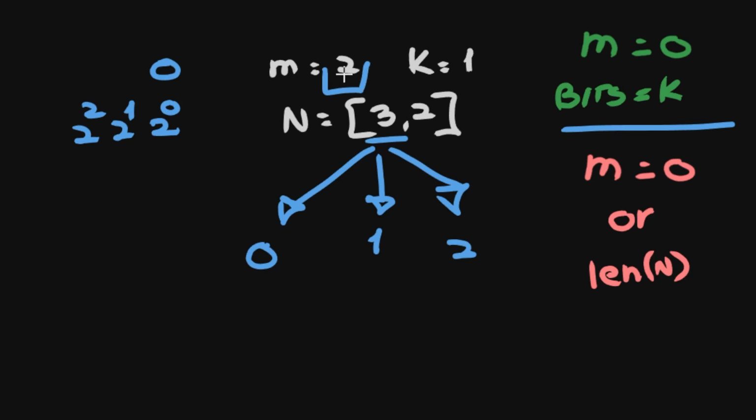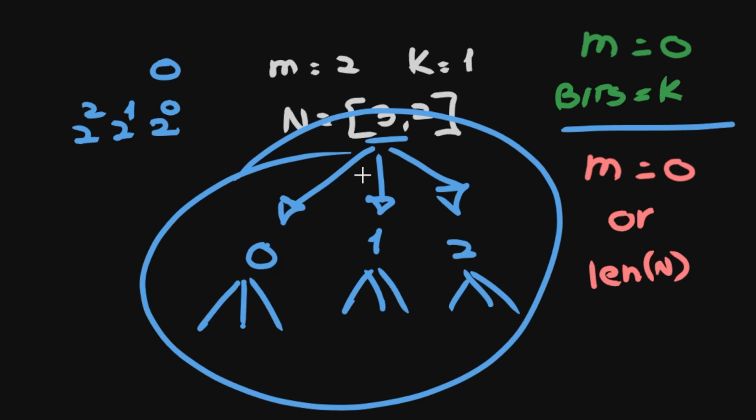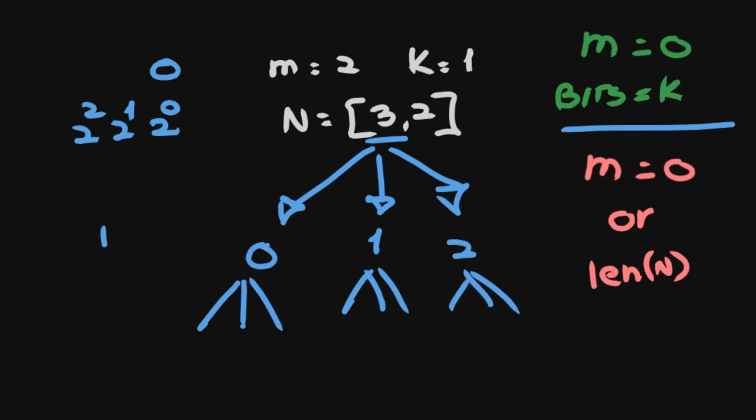We are building sequences of 2. So for example, if we decide to take 0 index 0, next we can take 0, 1 or 2 of this. So we have 3 more choices. Here we have 3 more choices. Here we have 3 more choices. So here you can see how this is a dynamic programming problem.